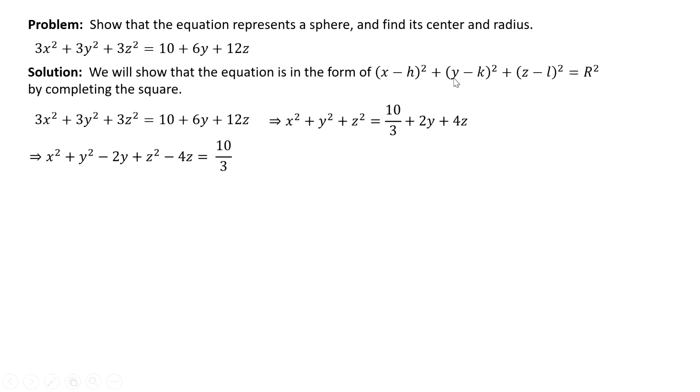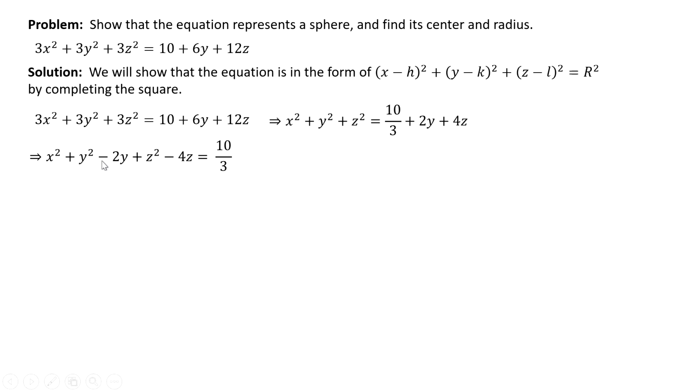So the important thing is that 2ky term. Oh, there is a 2y, that y term also. There is no x term by itself. There's an x squared, but there is no x by itself. So that means we can think of this x squared as x minus 0, the quantity squared. That's not an issue.